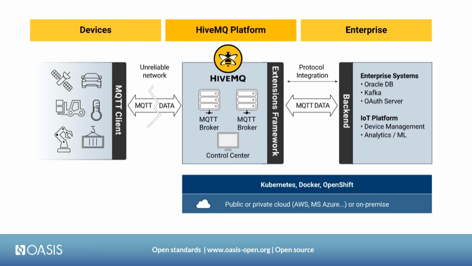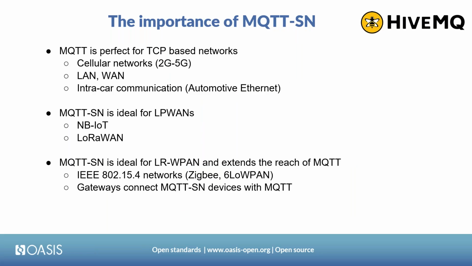But over the years, we saw that MQTT-SN might be a very good addition, and for a lot of customer use cases, a protocol like MQTT-SN would be really beneficial. Because MQTT is really a perfect choice as a protocol for TCP-based networks, namely cellular networks, especially 2G to 5G networks.